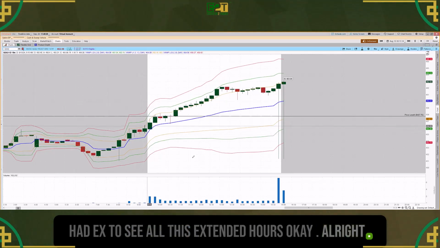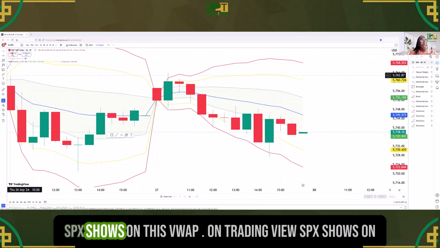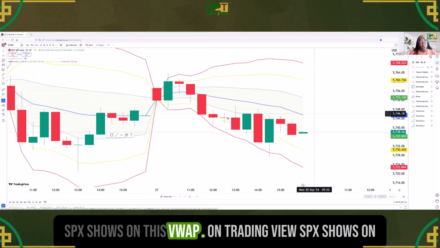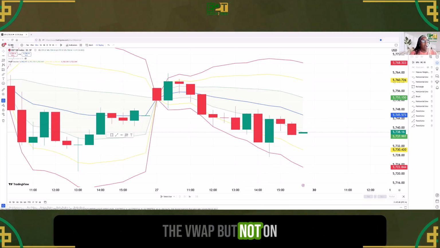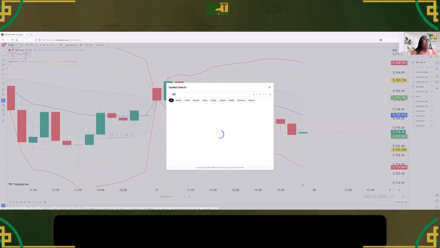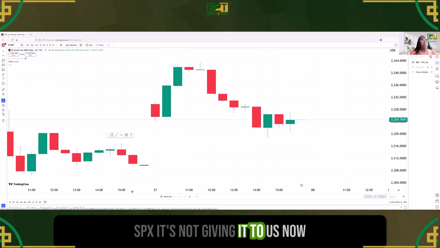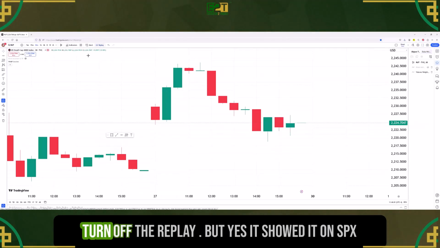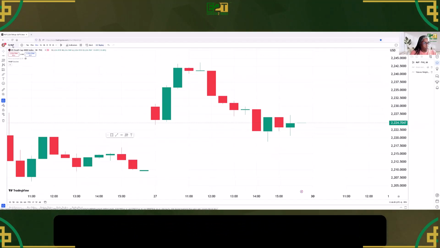It's interesting too, because on TradingView, SPX shows on the VWAP, but on Thinkorswim it did give us the VWAP on SPX earlier, and it's not giving it to us now.